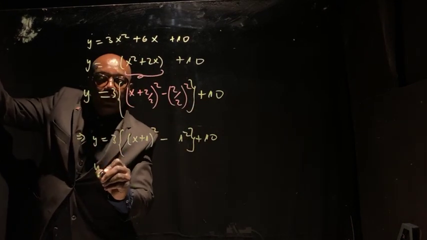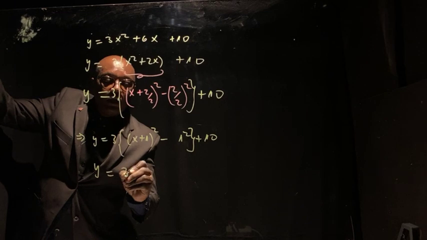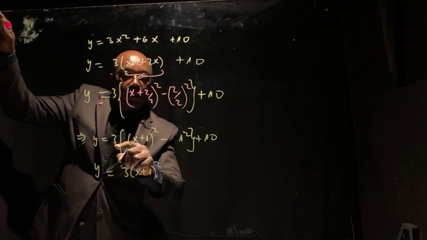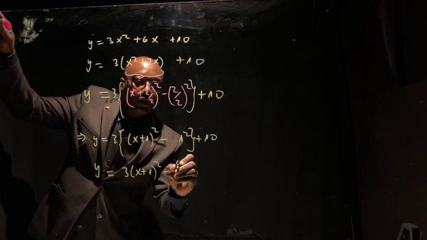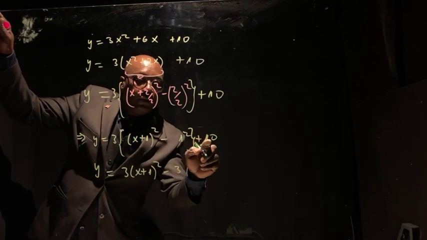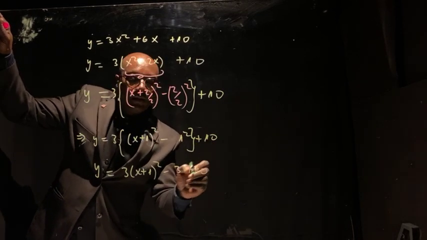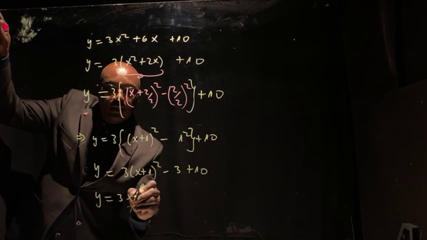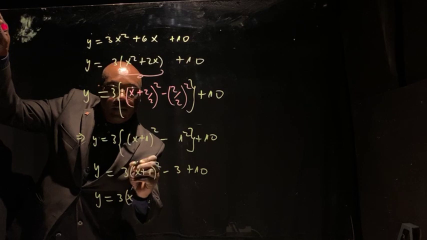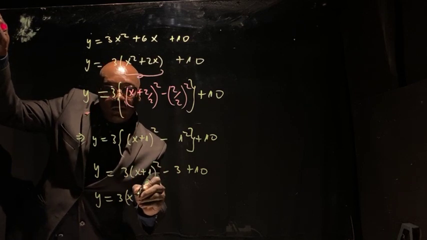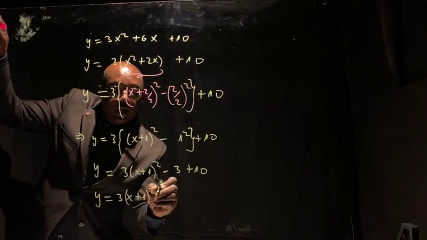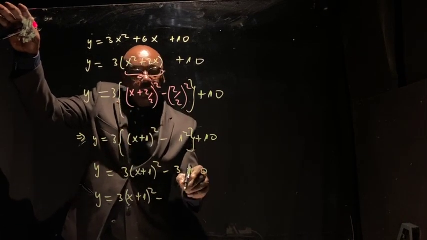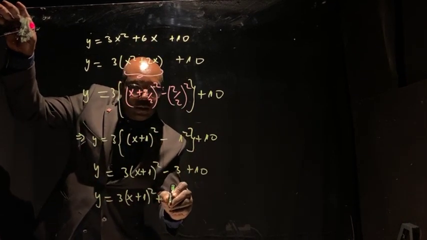Then we have y equals 3 times (x plus 1) squared minus 3 plus 10. So we have y equals 3, outside the bracket, of (x plus 1) squared, minus 3 plus 10, equals plus 7.